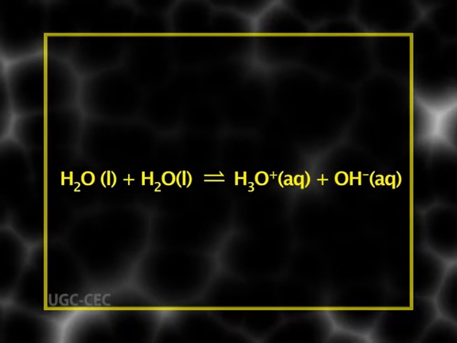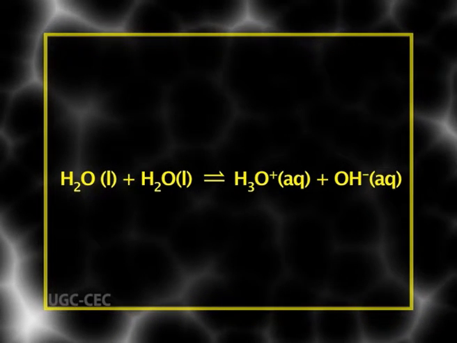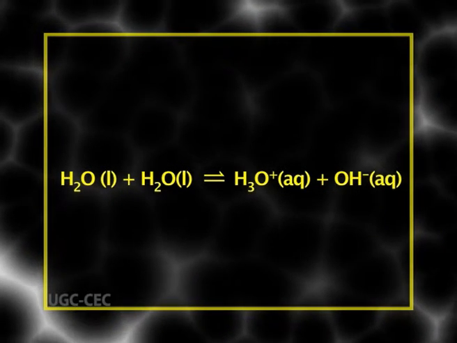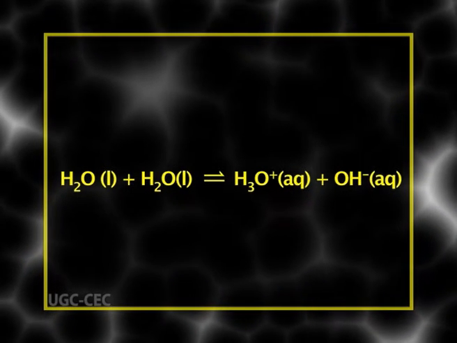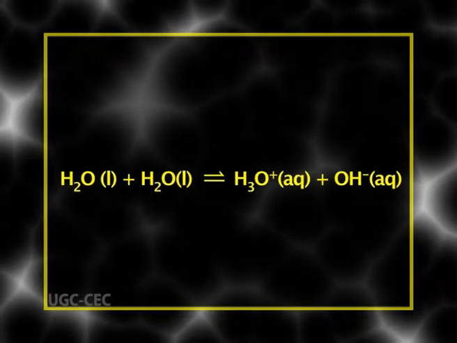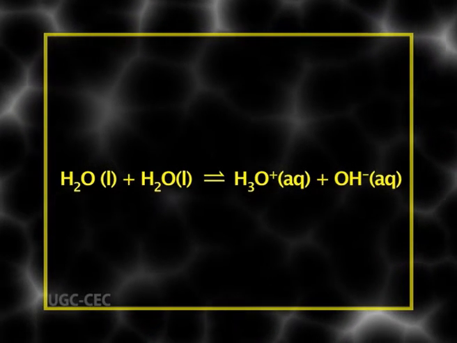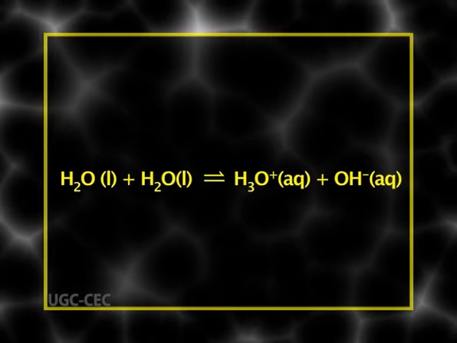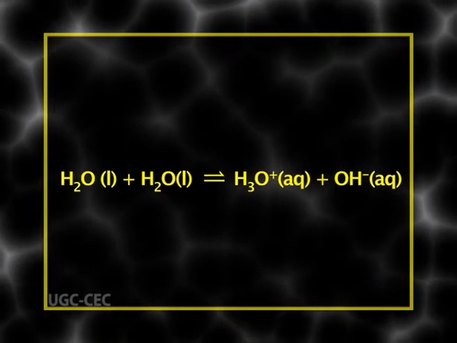As shown in the equation, H2O(l) + H2O(l), that means two molecules of water, undergo autoprotolysis to generate H3O⁺(aq), that is hydronium ion, and OH⁻(aq), that is hydroxide or hydroxyl ion.